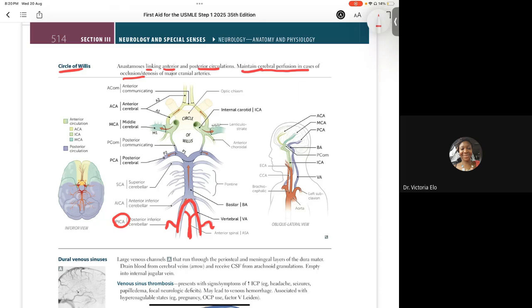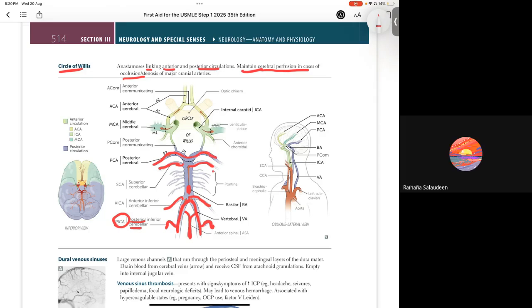PICA is going to supply the posterior inferior cerebellum. Then you have your AICA, your basilar, pontine branches, superior cerebellar, and posterior cerebral. Is it clear?